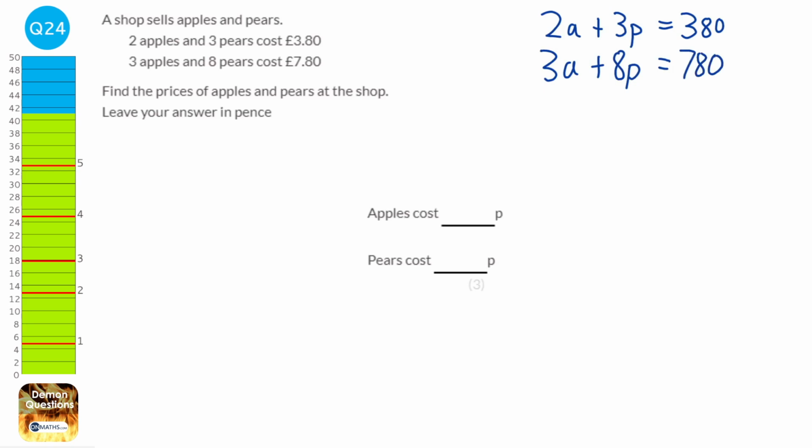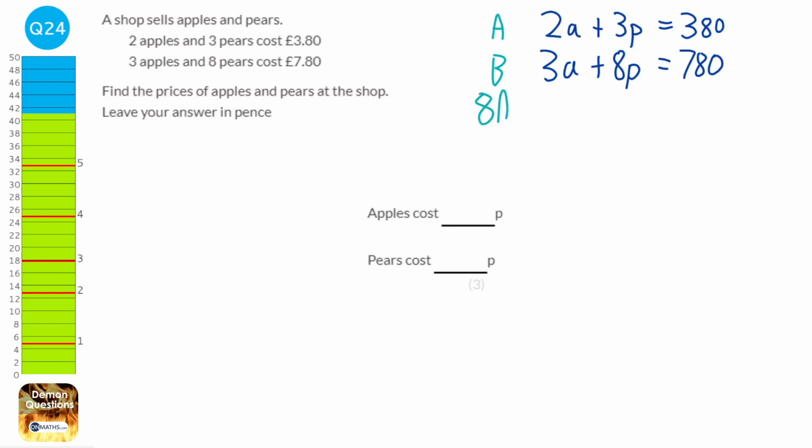Okay, so the first thing I do is try and get these numbers the same. So 3 and 8, they both go into 24, so I need to make them both 24. And what some people do is they just label this A and this B. So we're going to multiply everything in equation A by 8, so that this becomes 24.